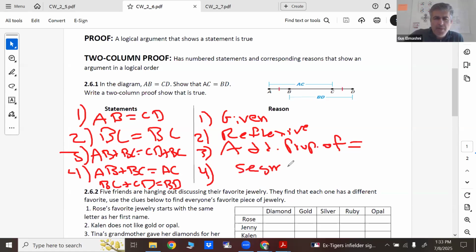I think we talked about that earlier. I don't remember if we did. Because you're adding two segments to get a big segment. And then lastly, because AB plus BC equals BC plus CD, then AC equals BD. And we call that substitution.